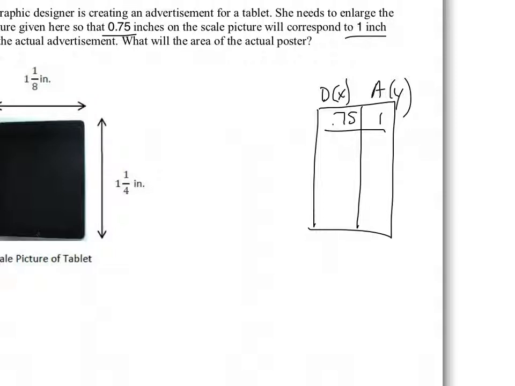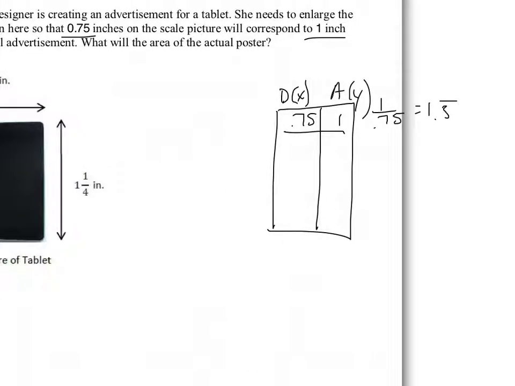So this gives me 1 over 0.75, which gives me 1.3 repeating, which I actually know is the same thing as 4 thirds. So I'm actually going to leave that as a fraction. Y is equal to 4 thirds times x.